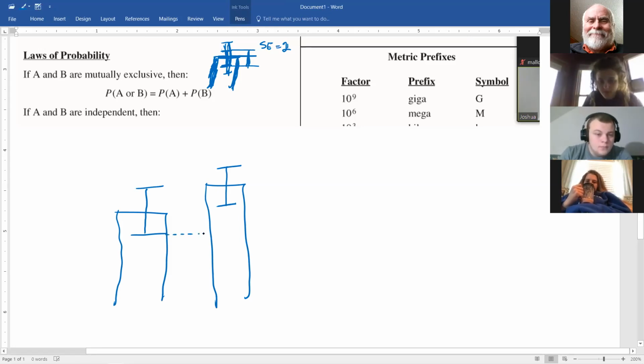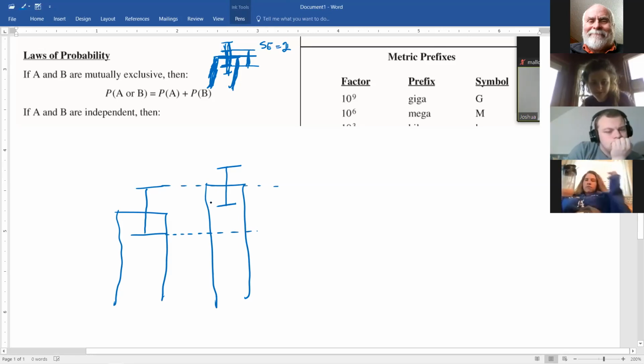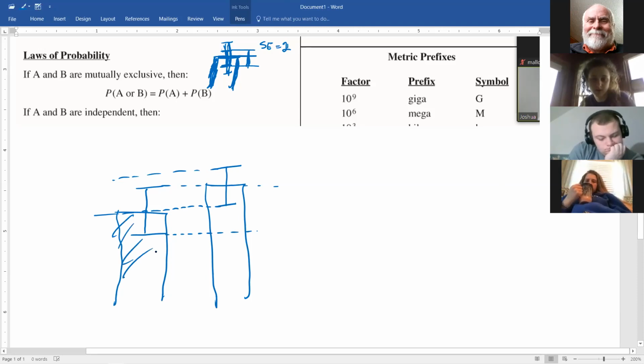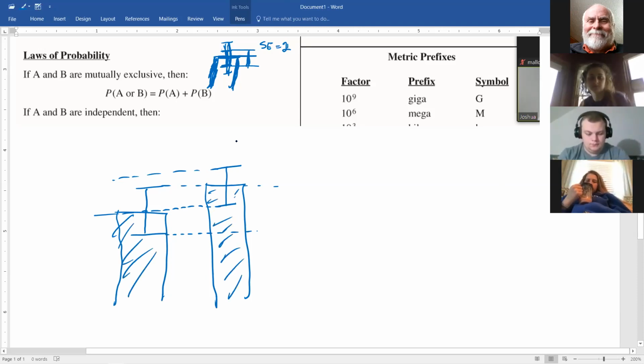So if the left bar could be in this range and the right bar could be in this range, they have an overlapping part, but they're different. If you just look at this part, it looks like they're different. But if you look at the standard error, it's telling you how far off they could be.